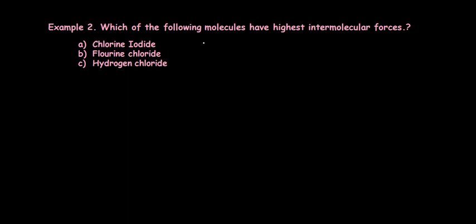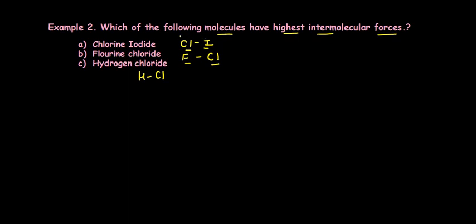The next example says, which of the following molecules have the highest intermolecular forces? The first option is chlorine iodide, that is a molecule containing chlorine and iodine atoms. The second option is fluorine chloride, that is a molecule containing fluorine and chlorine, and the third option is hydrogen chloride, that is an HCl molecule. Now we know that in each of these molecules the two atoms are different and their electronegativity values are also different according to the Pauling scale.